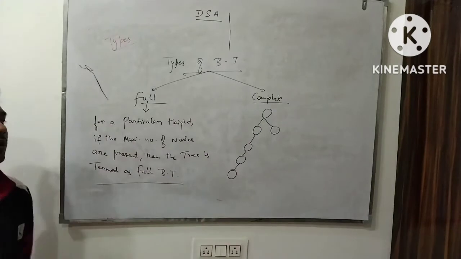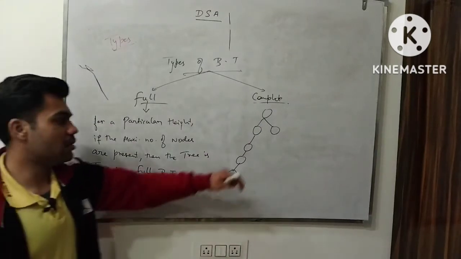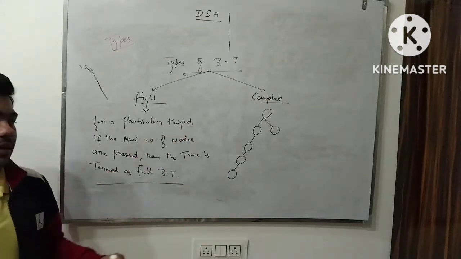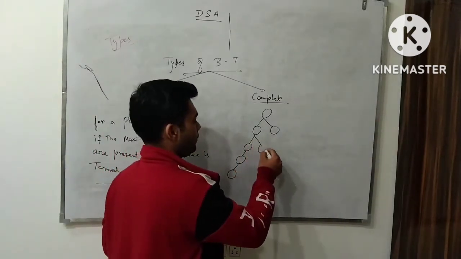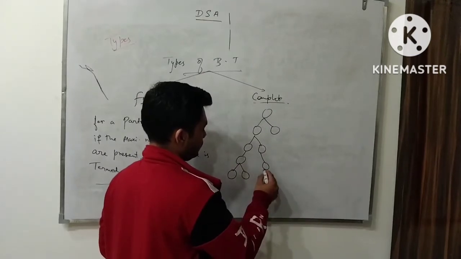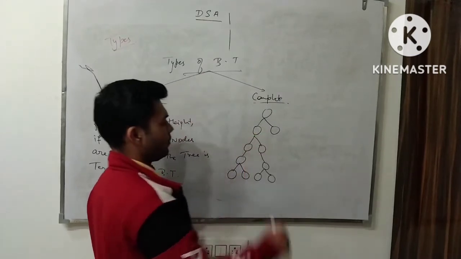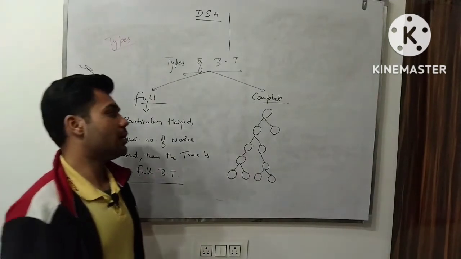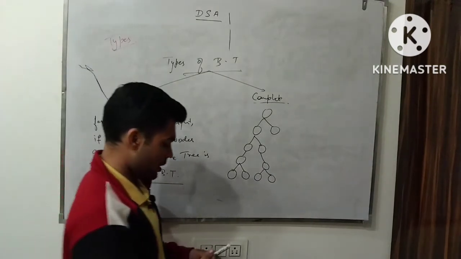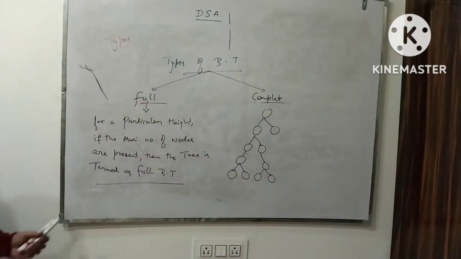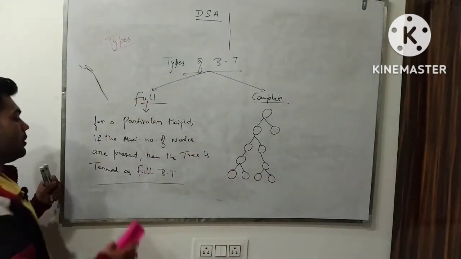This is an example of a complete binary tree, because every node has its left child. You can draw it like this also. This is also an example of a complete binary tree. So these are the types of binary tree, full and complete. We have studied them.